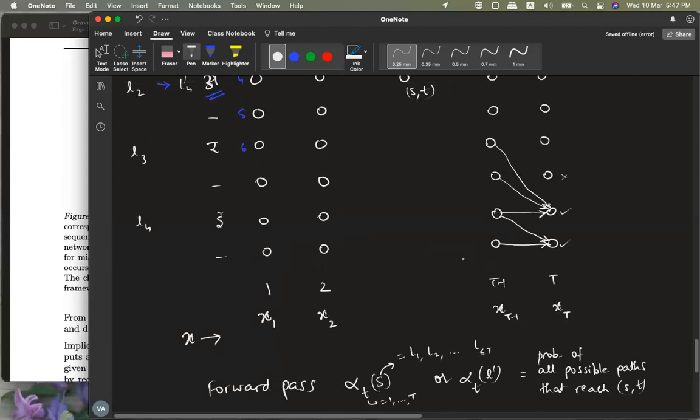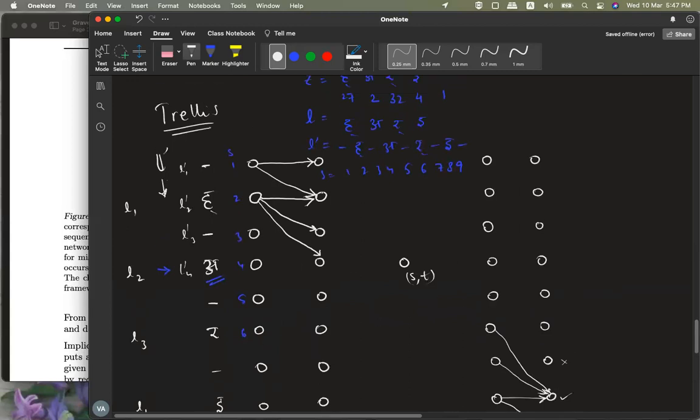But now imagine if I am at this state, it can come from the previous one or the blank one. But let us say if I am at this state, the next phoneme, then I can come from either here or here or here. Basically, this blank could be skipped, right?